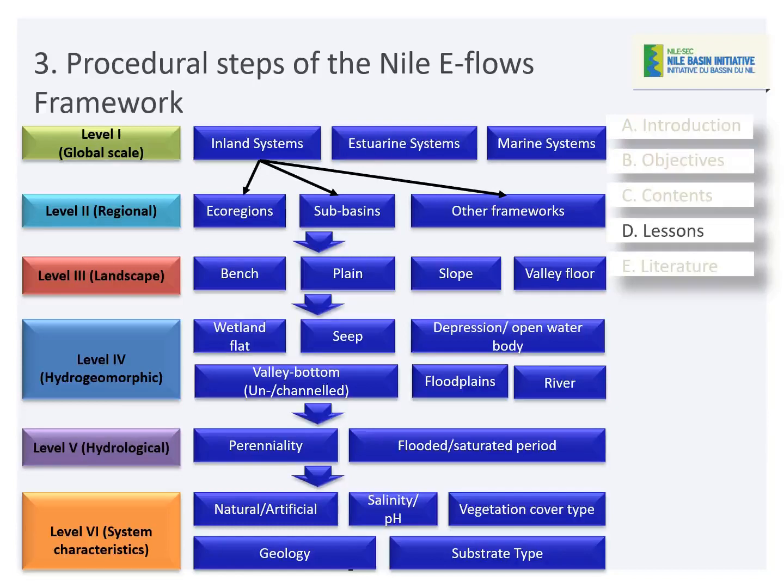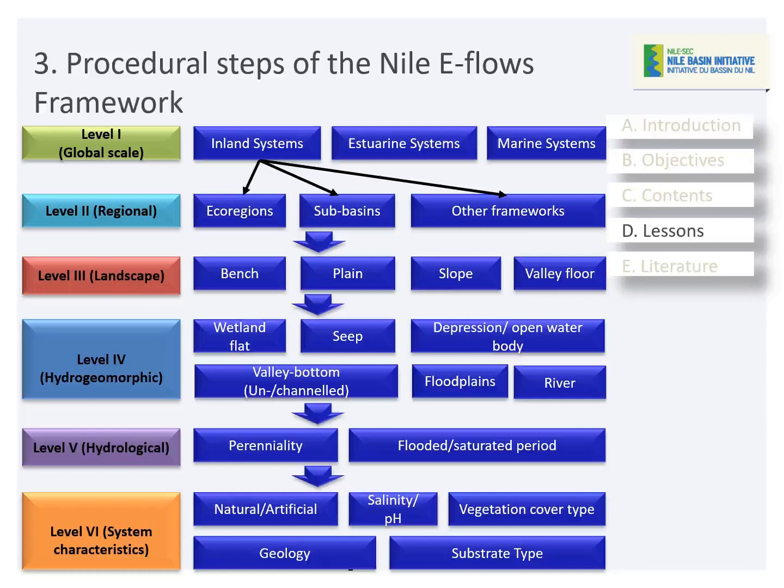And in terms of the inland systems, we consider the regional context, ecoregions, sub-basins, or other frameworks and how they've been classified. Any other type of regional classification would be listed here. Ramsar wetlands, for example, would be important to identify at that point.